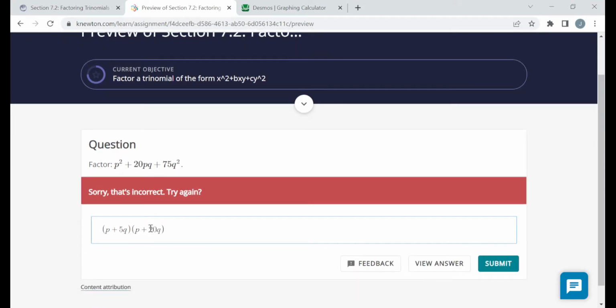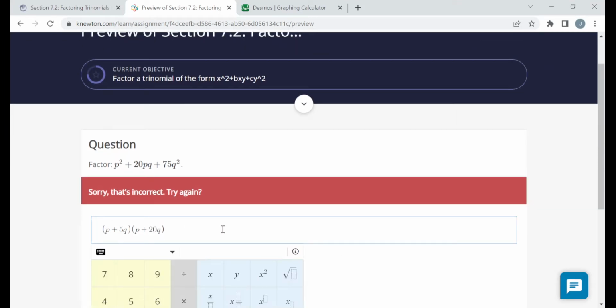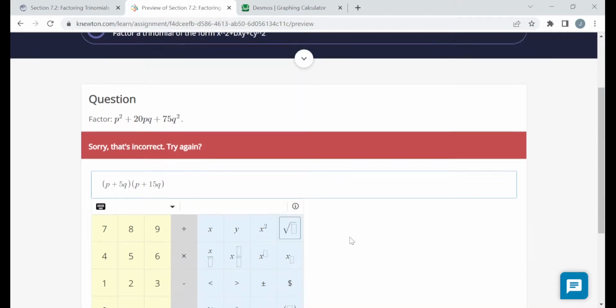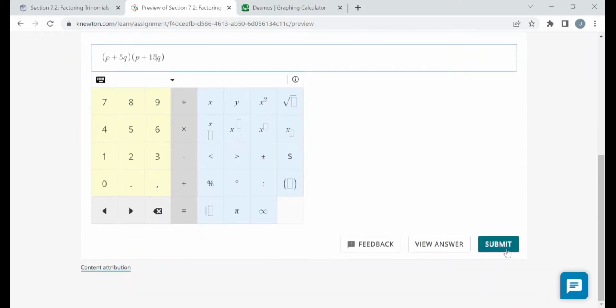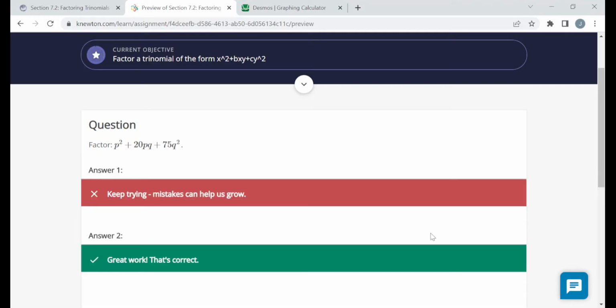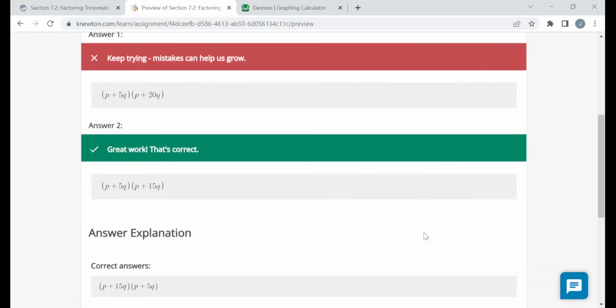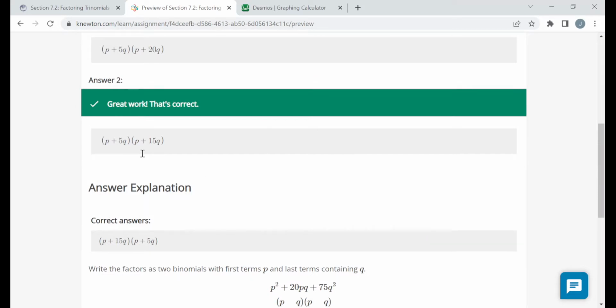Oops, I said 20. I said 15, didn't I? I said 5 and 15, and then I typed 20. That should be p plus 5q times p plus 15q. Sorry about that. I typed something that I didn't say. So yeah, there's a typical lesson there for you. Don't rush things. Check your work, right?